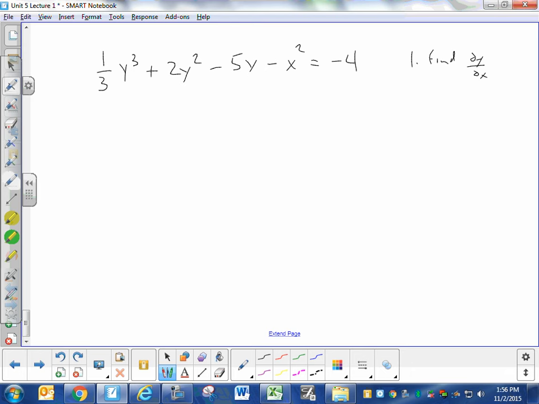Step 1, take the derivative with respect to x of both sides. Don't forget to take the derivative of the right side.